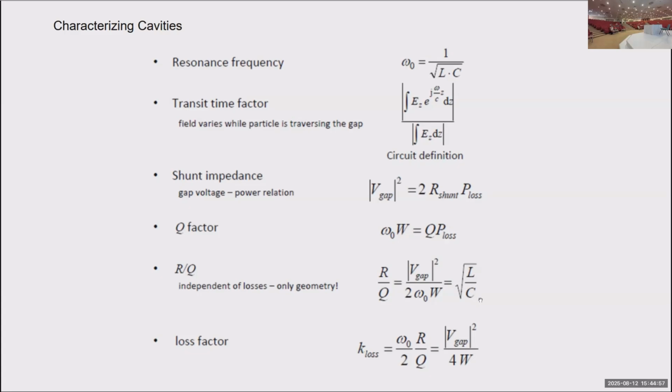That's one of the components the software computes to simulate the cavities, and also the loss factor. Most of the time, if you give the dimensions of the cavities, most software computes the R/Q and other quantities, and the Q factor too.